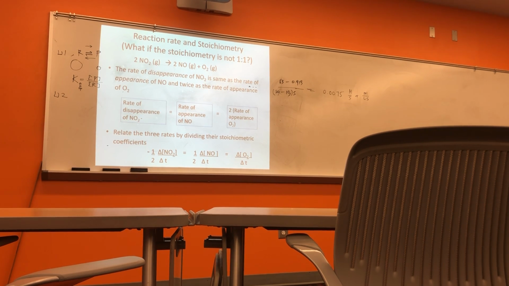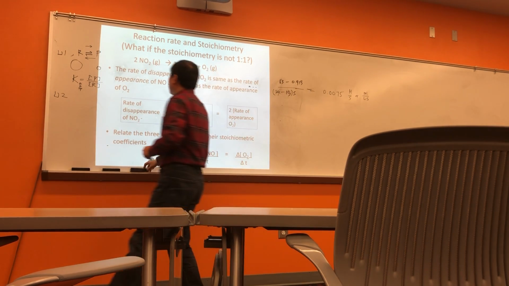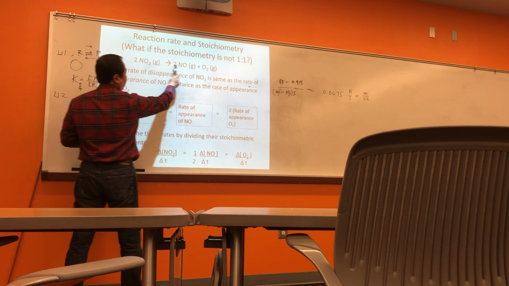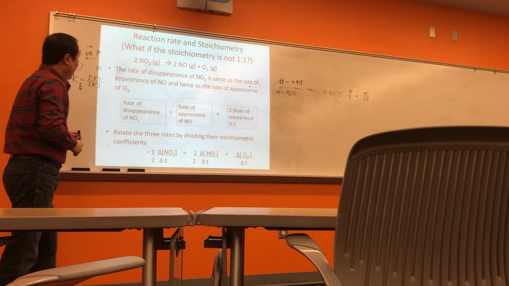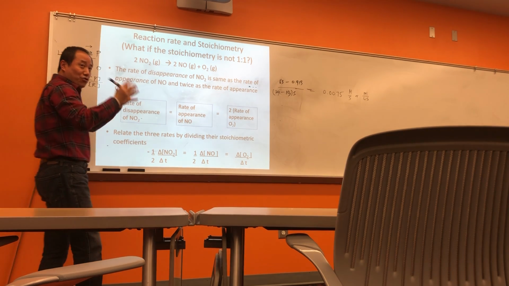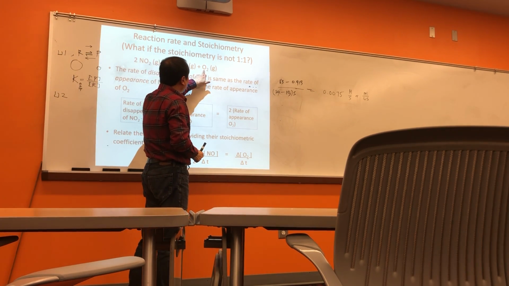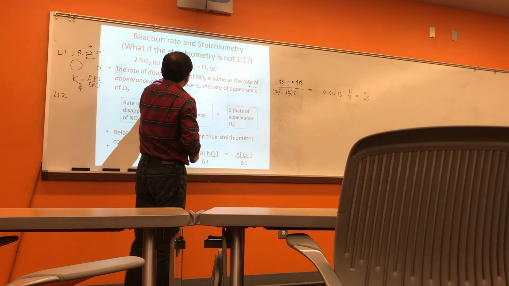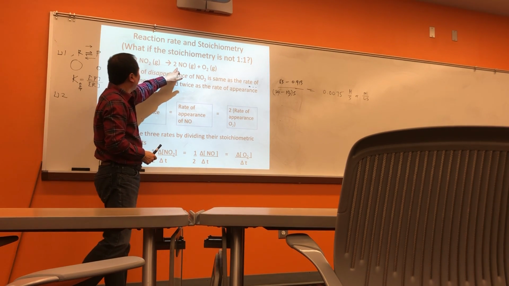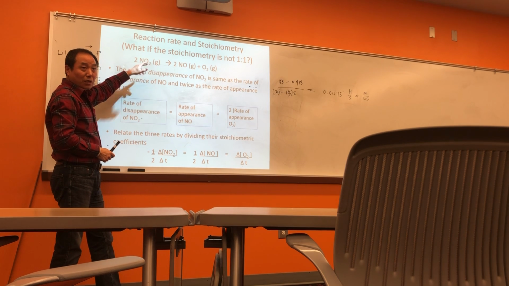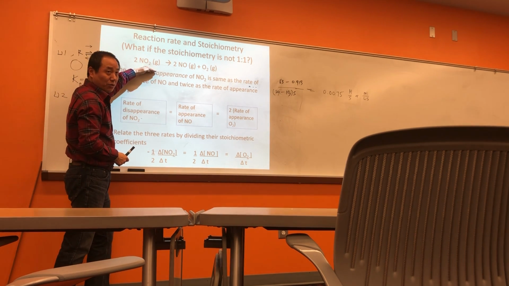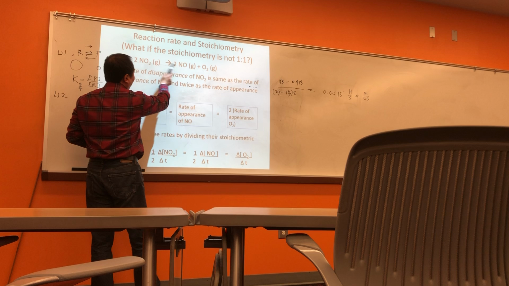What about a reaction having different coefficients? Now, reaction rate is unique for each reaction, whether you monitor oxygen or nitrogen monoxide or dioxide. It shouldn't matter which one you follow.